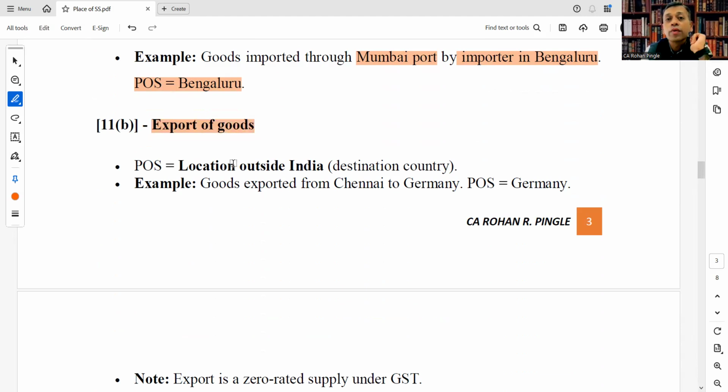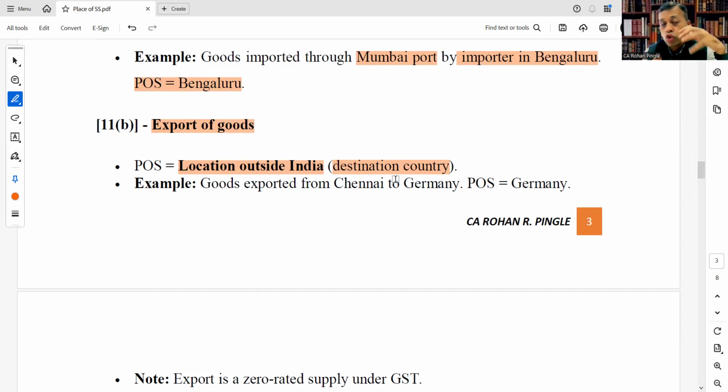Let's move to the next clause, clause B, section 11, export of goods. Place of supply in case of export of goods is a location outside India, that is the destination country, and therefore GST will not be levied. That is the importance of place of supply: it tells us whether GST is leviable or not.